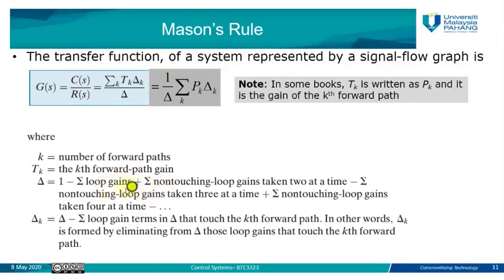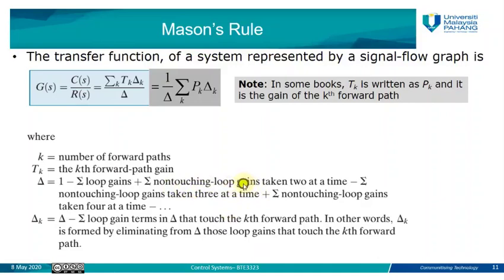Then this sign becomes plus the summation of non-touching loop gains, taking two at a time. That means we are going to find any two loops which do not touch each other. So like two loops, loop 1 not touching loop 2, the product of their gains will be included in this formula to find the value of delta.